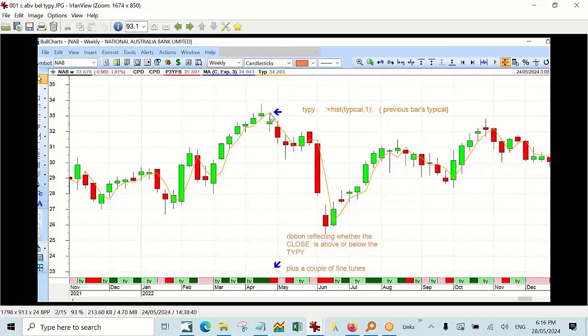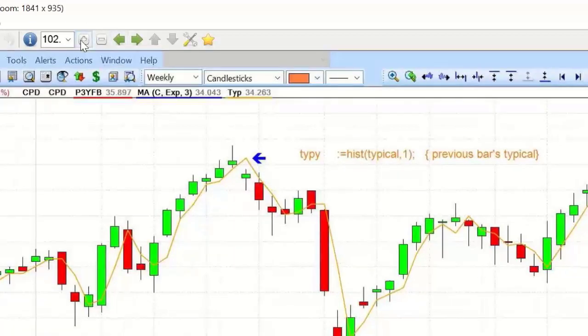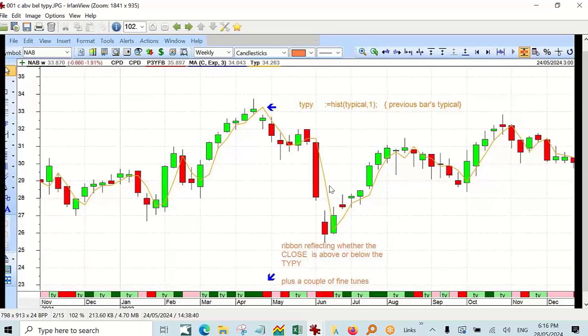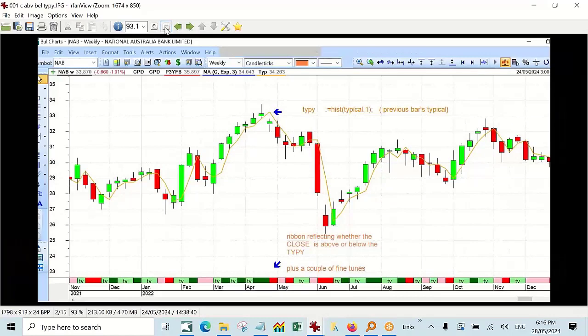The formula for typical is the high, the low, and the close, divided by 3, which produces this point here. And it's constantly calculated in this line and forwards. I'll go into a bit more detail with the formula now and then come back to this chart.